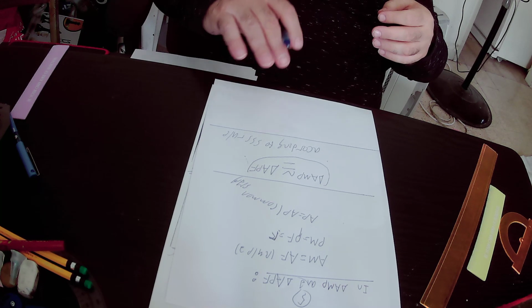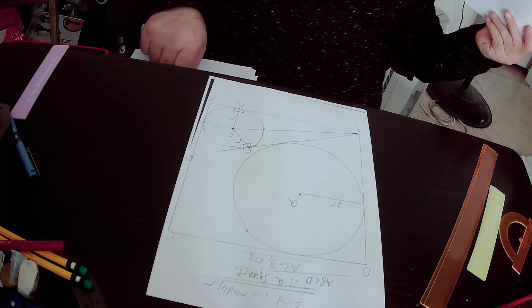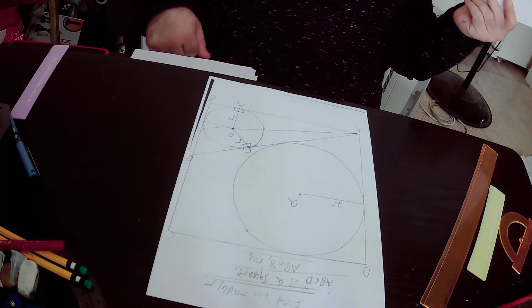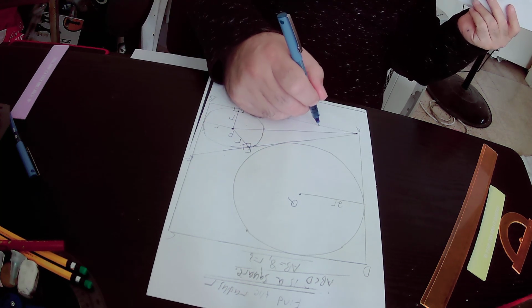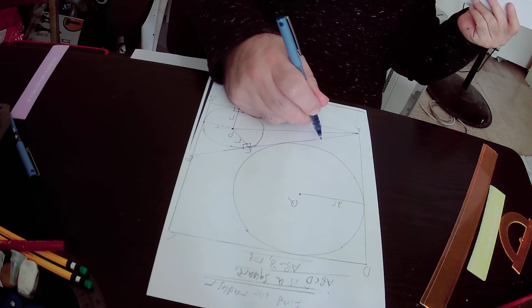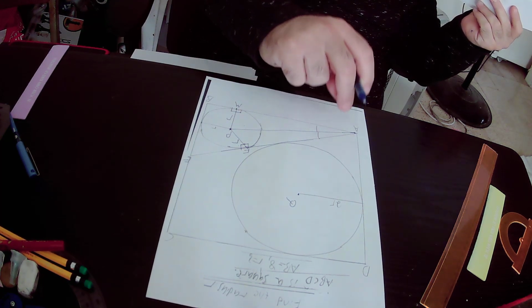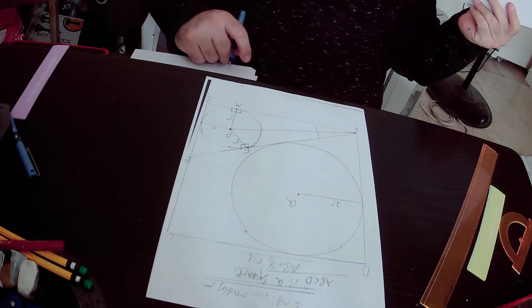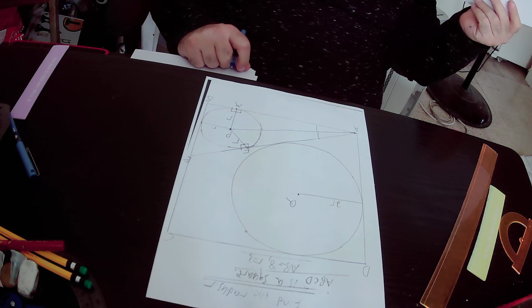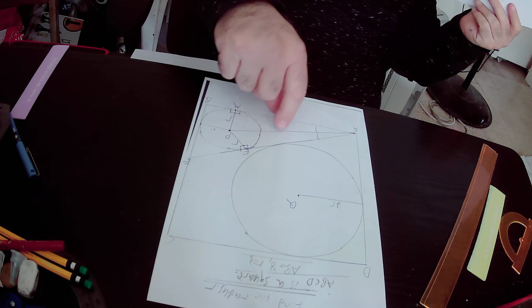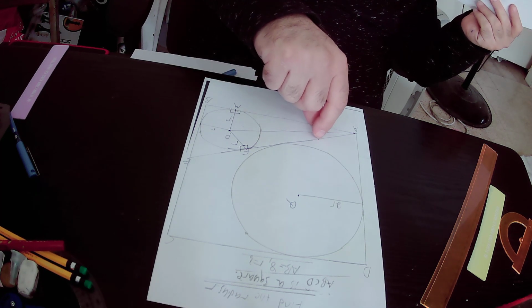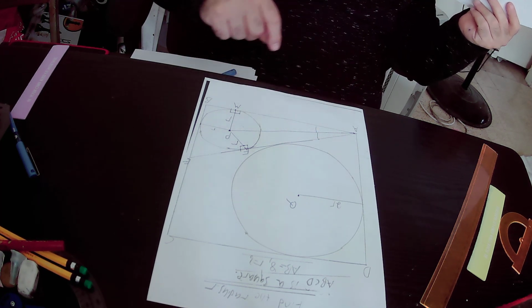From the fact that those two triangles are congruent, we will conclude that those two angles are equal to each other, according to the rule that corresponding angles in congruent triangles are equal to each other.